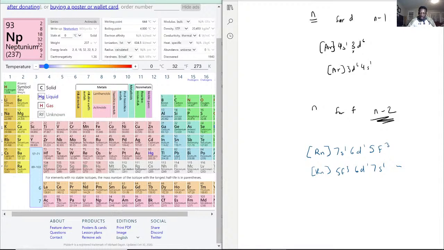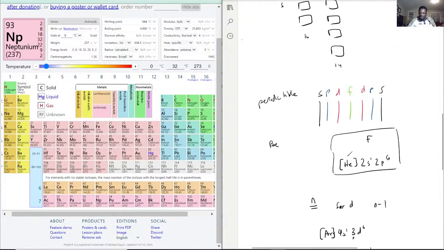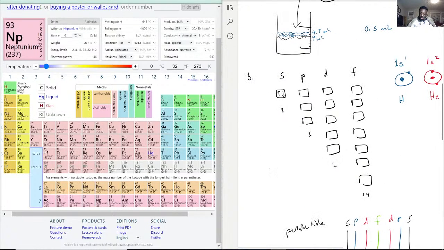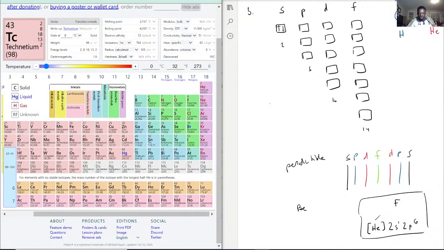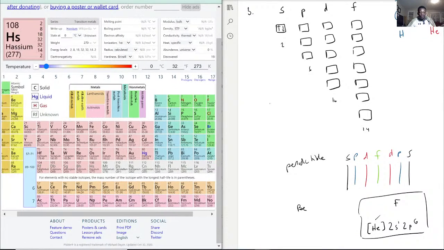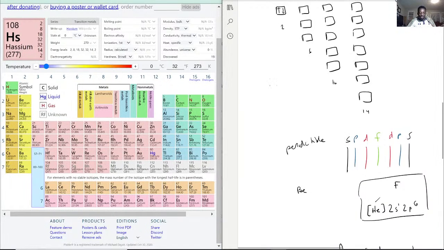Now, how does this all tie back together? When I refer to the shells I like to occupy, it actually coincides exactly with the amount of rows they are. So S, for example, remember in the sandwich, hydrogen row, helium row, 2 rows only, which is why it's only up to 2.